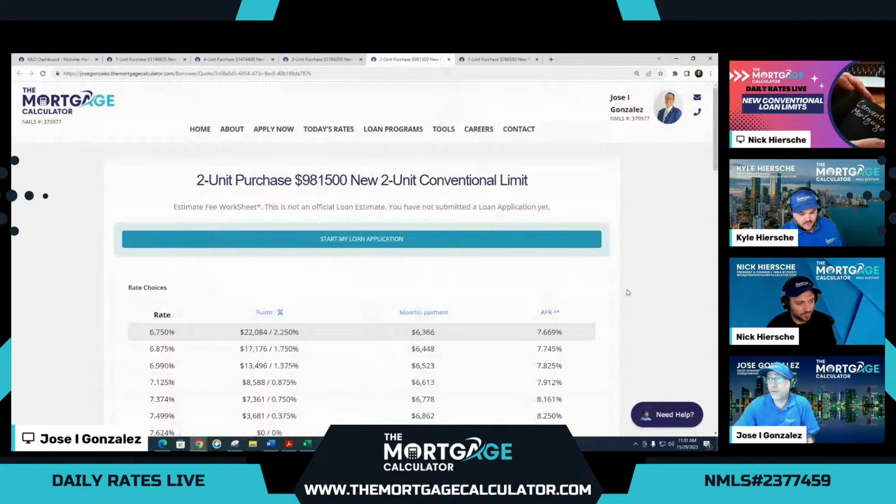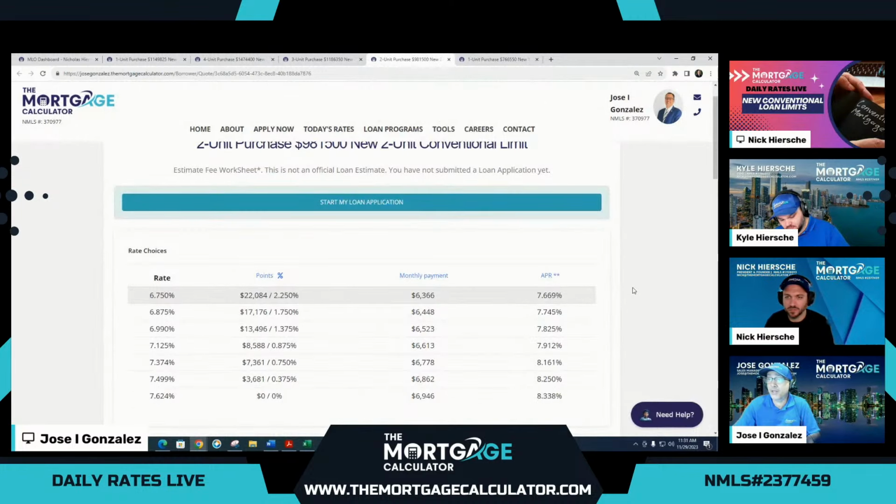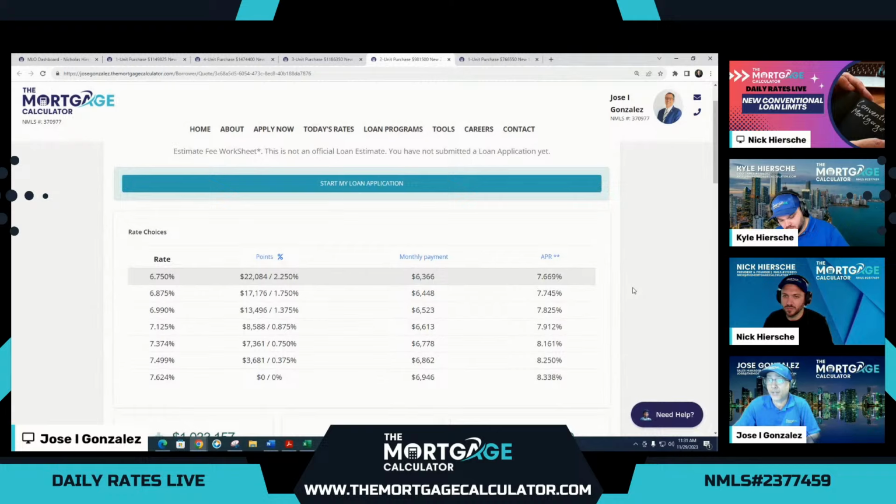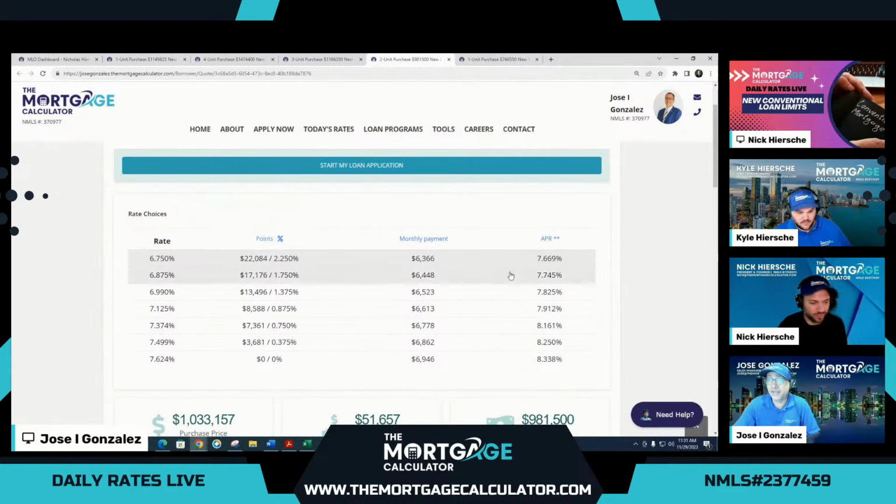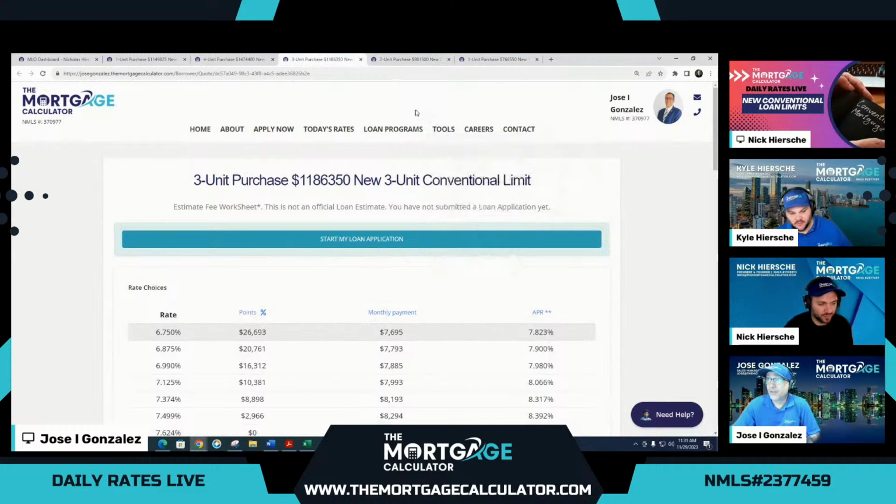Now for our 2 unit, and this is at our new regular area limit, 981,500 for a 2 unit property. So you're looking at 7.624 as our par rate, and you can buy that down to 6.75%. All right, 3 unit.